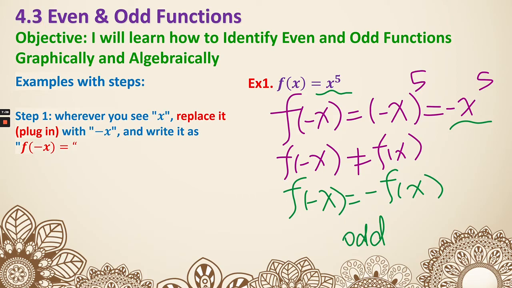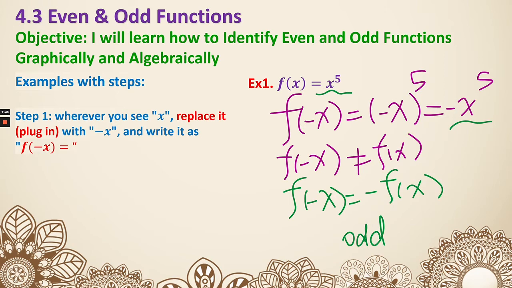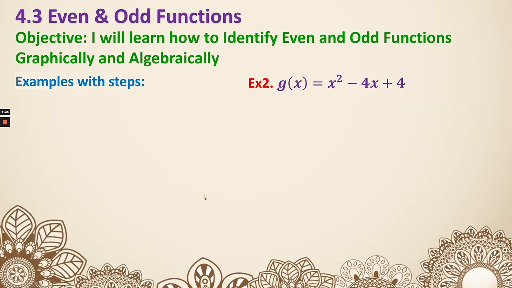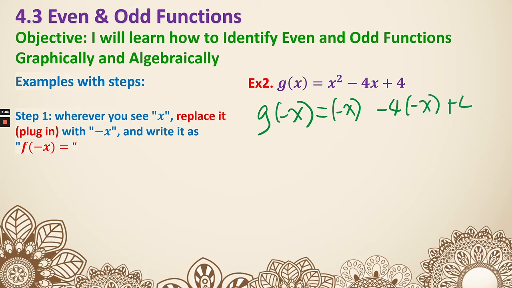Next, you can see example 2. First step, same thing, replace x in g of x with negative x. So wherever we see x, that's negative x. And then it's negative 4 times x plus 4. Then we're going to simplify it. It's going to give us x squared plus 4x plus 4.